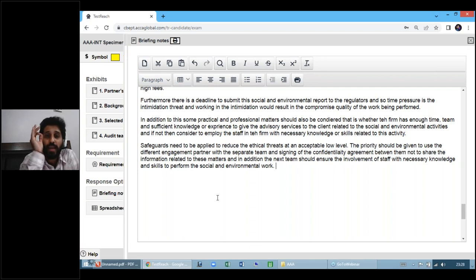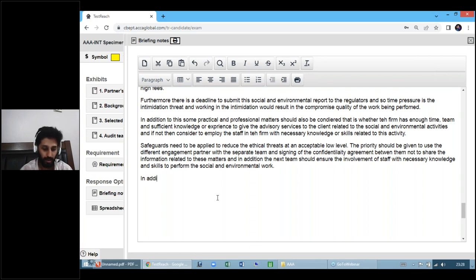That's EQCR, engagement quality control reviewer. For example, one partner is auditing, the second partner is providing these social and environmental services. Now there should be the EQCR, who would be reviewing these works to ensure that required quality is being exercised.